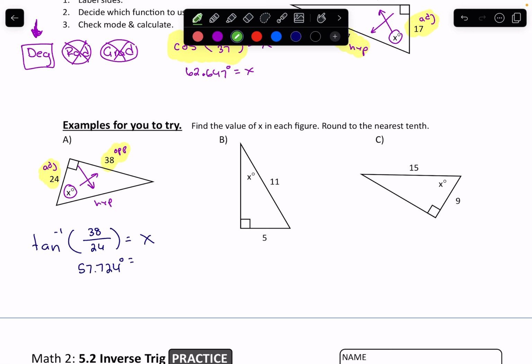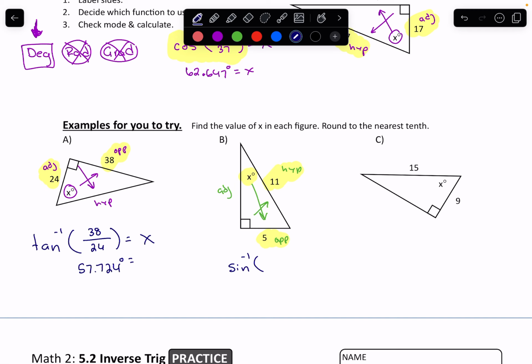Okay, B, label. Across from the 90, hypotenuse, across from the angle, opposite, whatever's left over, adjacent. This one, I don't know the angle. I know the hypotenuse. I know the opposite. Hypotenuse and opposite use sine, but I'm looking for my angle, so I want sine inverse. If I was looking for a side, I would use regular sine, but I'm not.